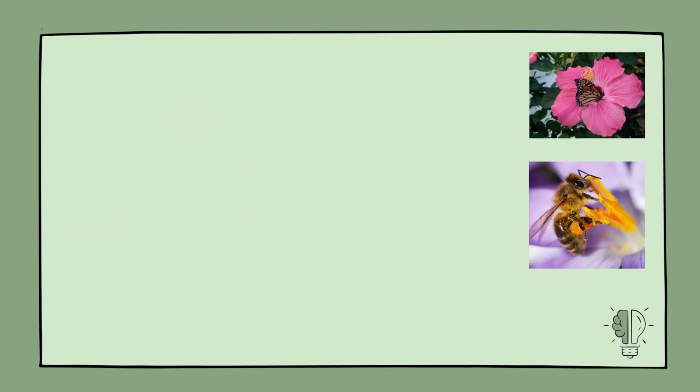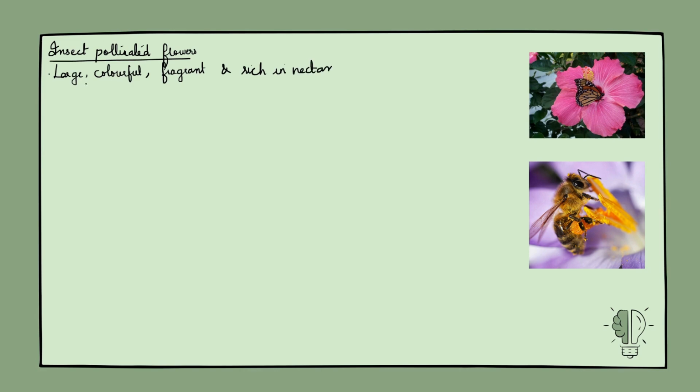Okay. Now we are going to learn the characteristics of insect-pollinated flowers. Insect-pollinated flowers are large, colorful, fragrant, and rich in nectar, as you can see in this picture.